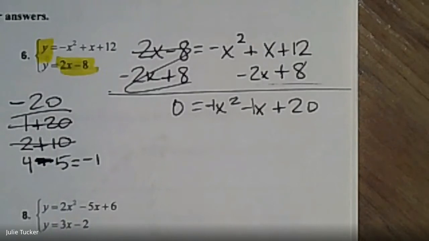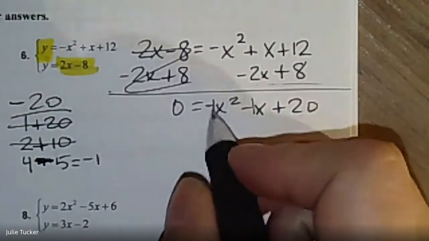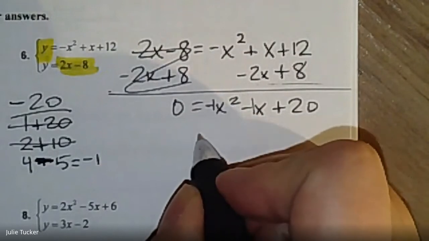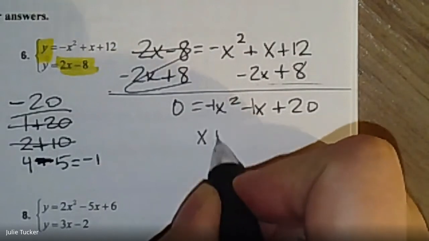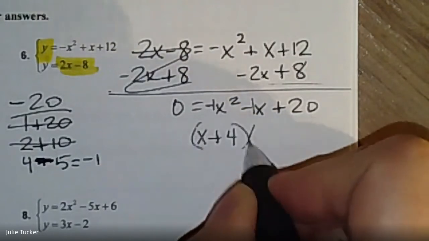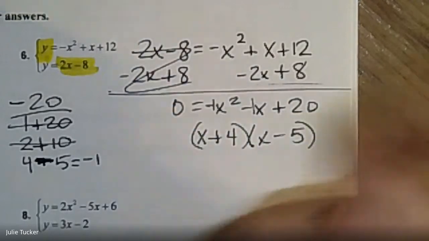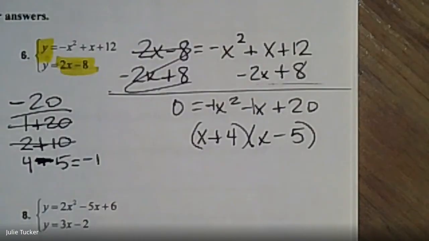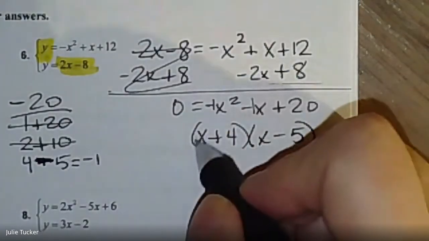Okay, so now what I should do is positive 4 and negative 5. So x plus 4 and x minus 5. I might have the signs backwards. I know what caused all of this to happen.